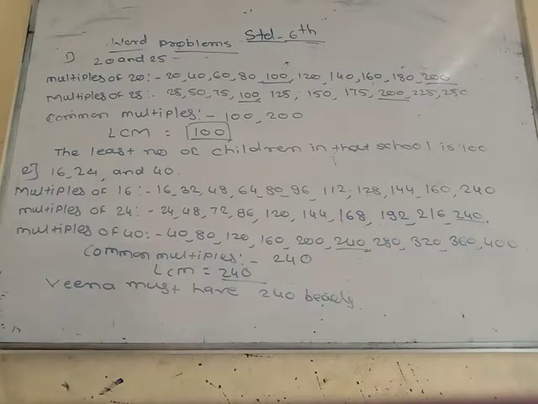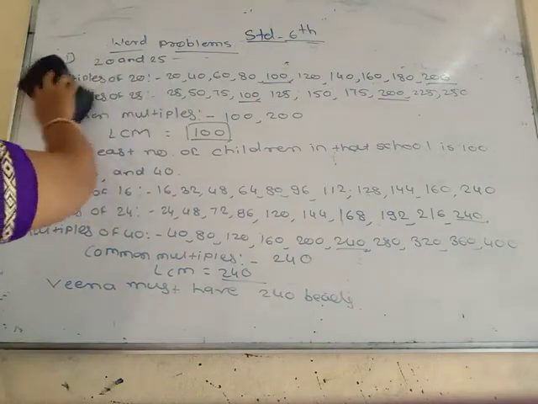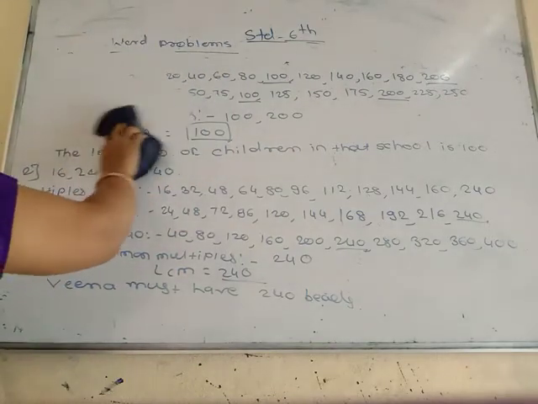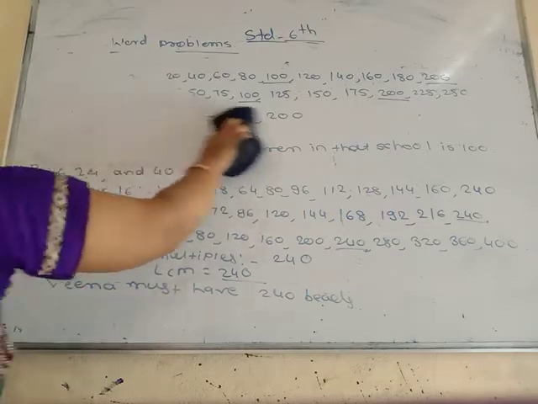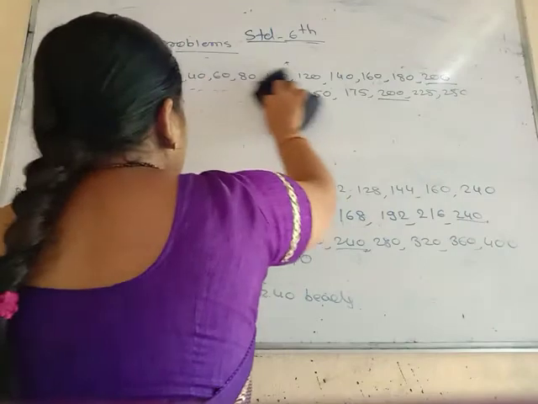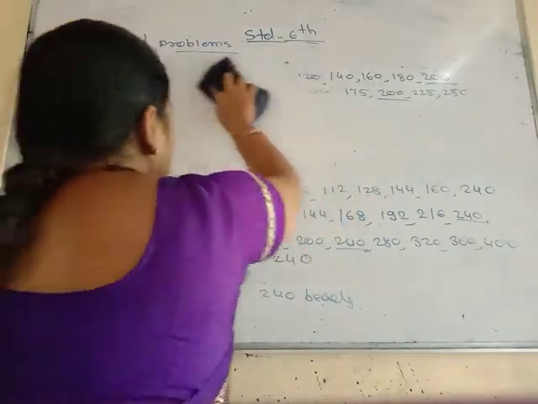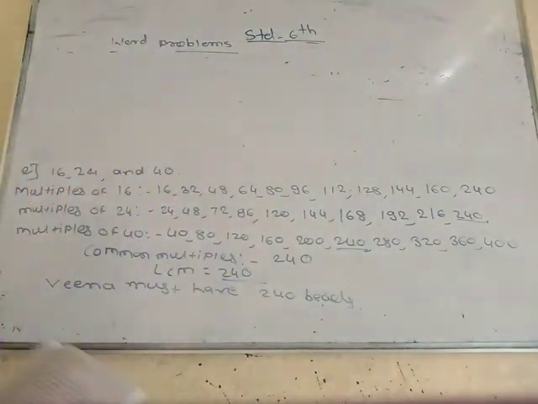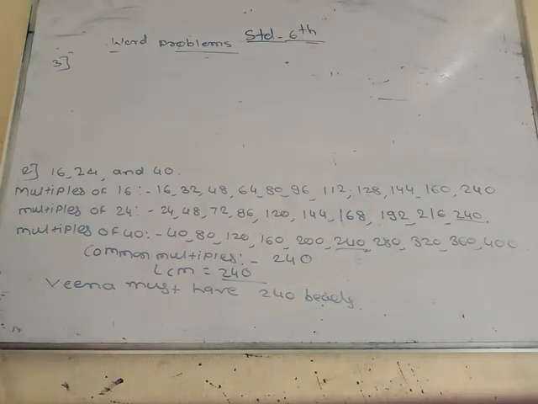Third number. An equal number of ladus have been placed in three different boxes.